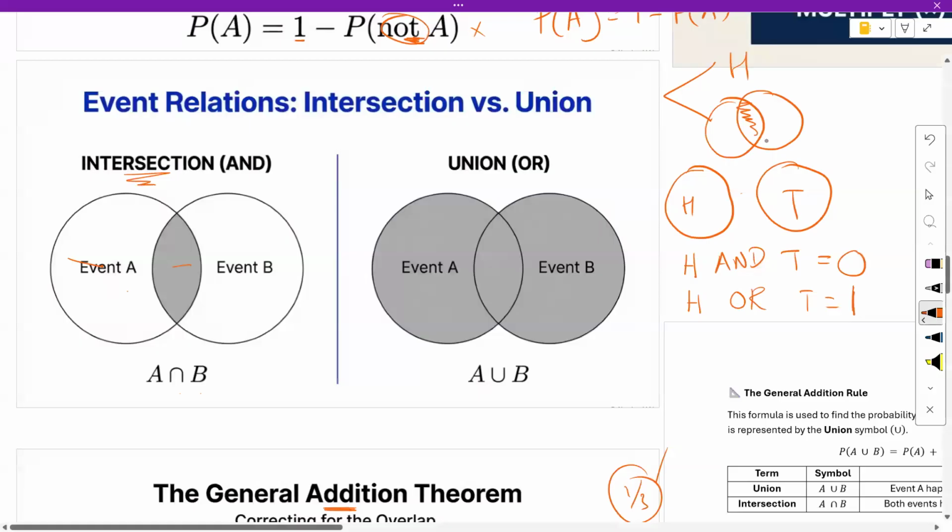This area represents the intersection. Here, head and tail equals 0, meaning there is no intersection because it is mutually exclusive. When you see this kind of Venn diagram, it means there is an intersection, an overlap. It means it is non-mutually exclusive. Non-mutually exclusive event.